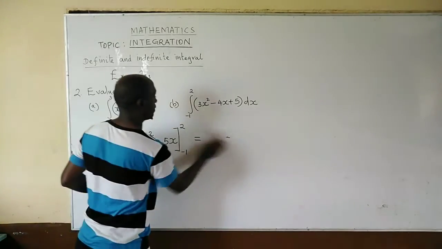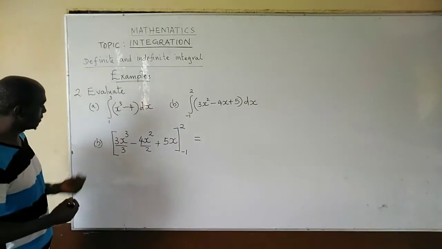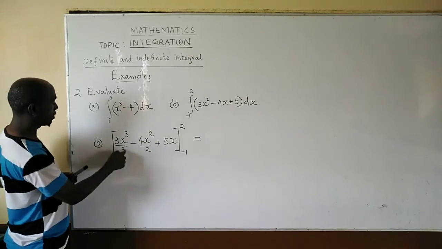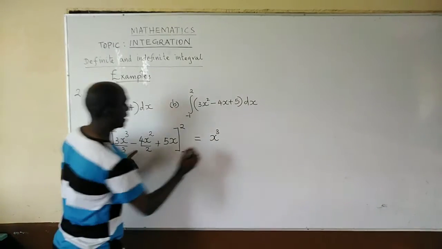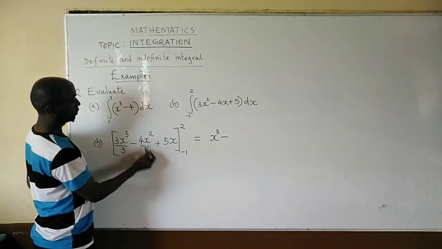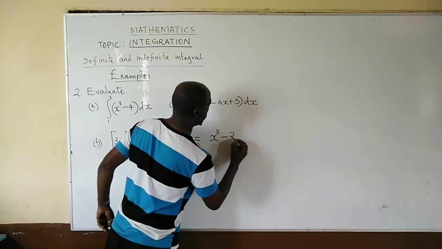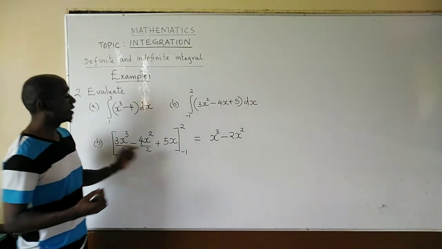Before that, you simplify. Simplify this to make our work easier. Let us simplify because 3 can cancel with 3. So we will have x cubed minus, here again, if you simplify, you will get 2x squared, then plus 5x.